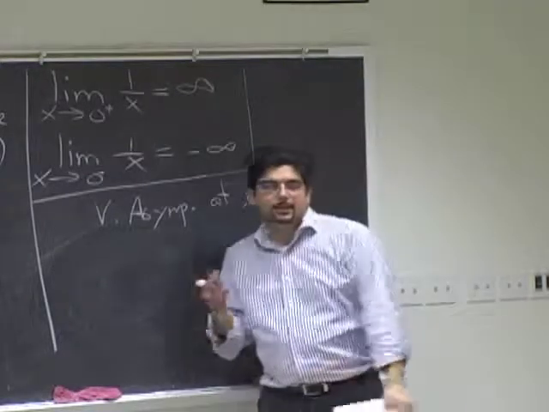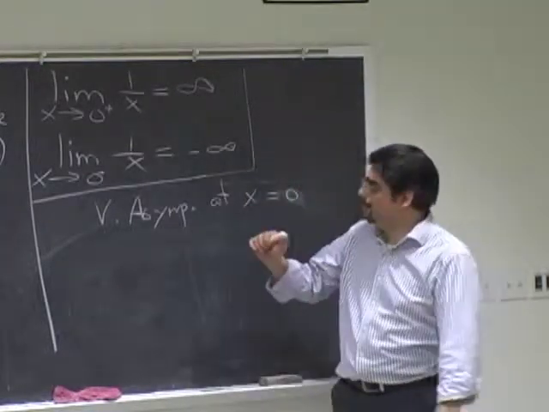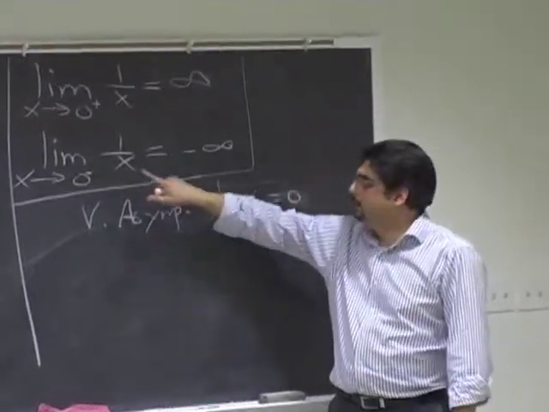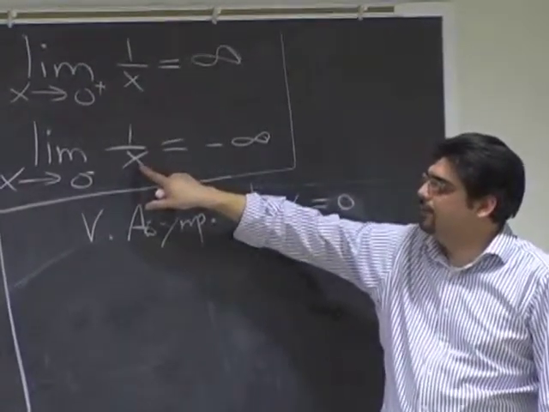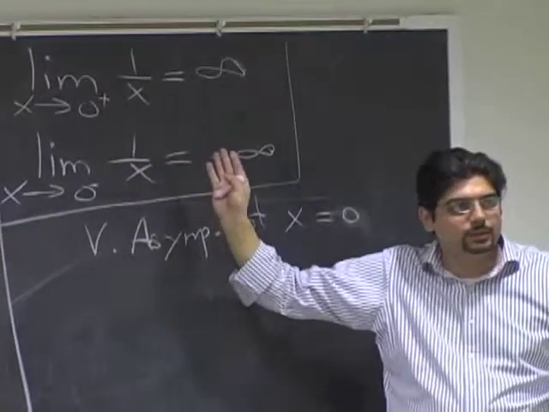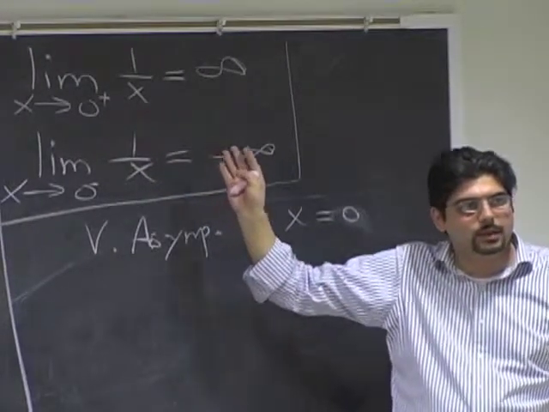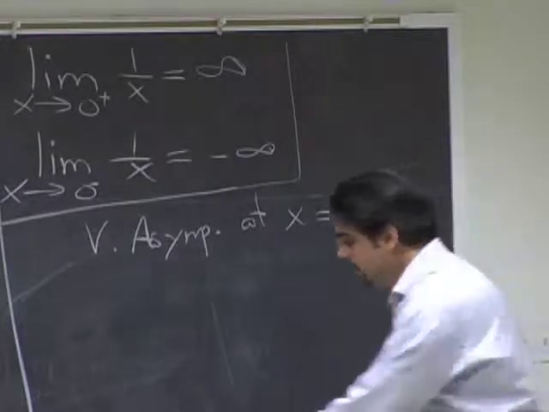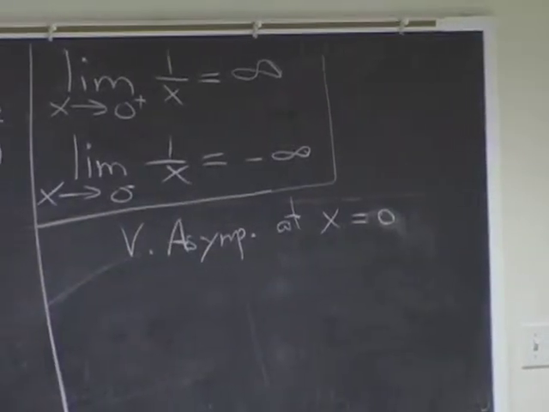So as a rule of thumb, you may be tempted to say, okay, whenever you have a value of x that makes the denominator 0, you have a vertical asymptote. Does that make sense? Well, that's actually not quite true.